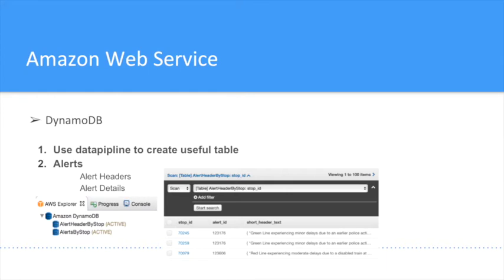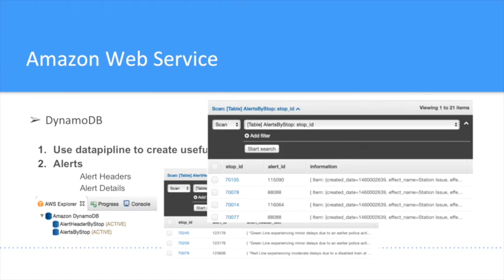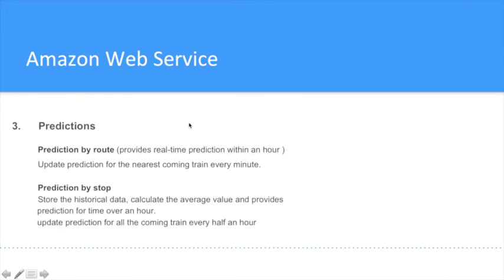For alerts, there are two important tables. The first one is alert headers, and the other one is alert detail. This is how the tables look, and the stop IDs are the primary key for both tables. And for prediction, we have prediction by route and prediction by stop.